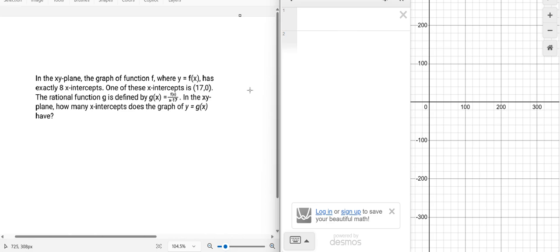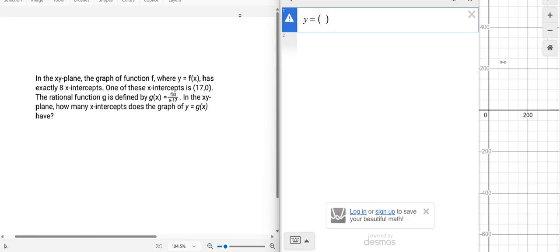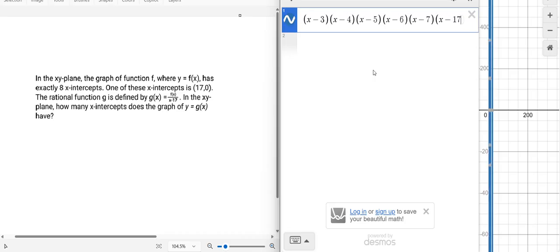So first we'll do it directly in Desmos. It says there are 8 intercepts, so we need to assume 7 intercepts by ourselves. x minus 1, x minus 2, x minus 3, x minus 4, x minus 5, x minus 6, x minus 7, and the one intercept already given is 17, so we write x minus 17. Okay, so it is done here.